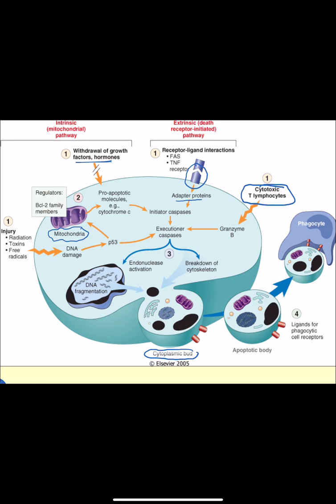Now how will they be taken out? You will see that the cell itself, on the inner surface of the cell membrane, everywhere you go, has a special signal, hold on a second. The eat me signal. How about that? Eat me signal. Ligands that are going to be recognized by phagocytes, by macrophages.